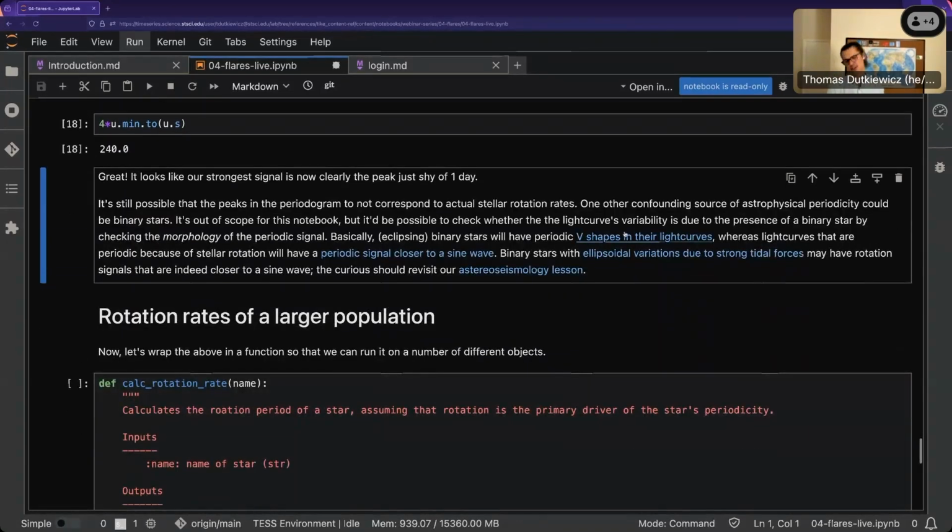There's some more information here about other things we could be detecting, notably binary stars. Those signals could be appearing in here as well, which are not really astrophysical signals. Also, the stars pulsate for more reasons than just that they're spinning. There's many different types of stars that pulsate through different physical mechanisms. Delta Scuti stars are famous for this.